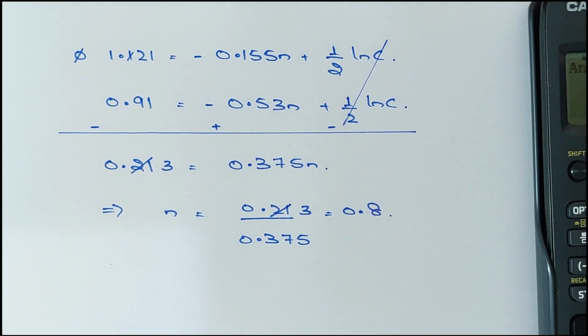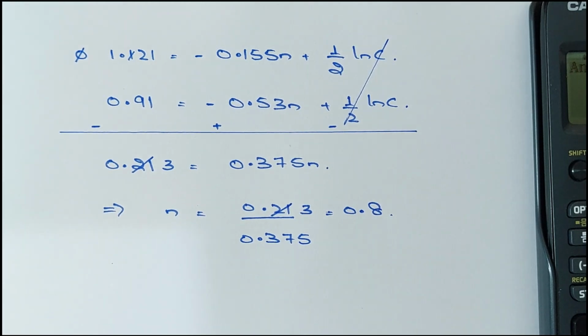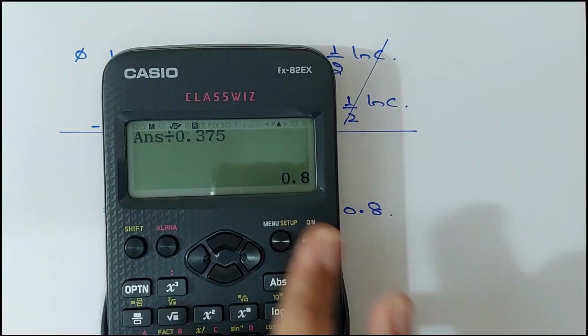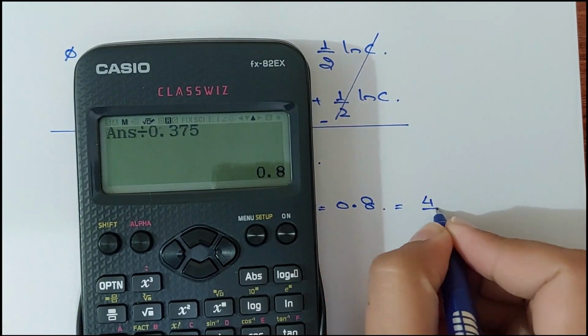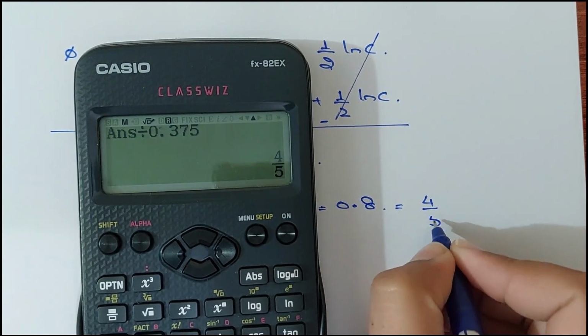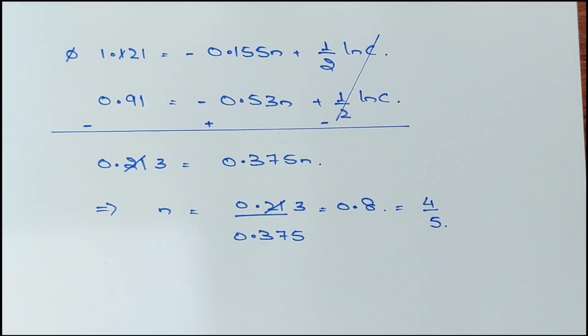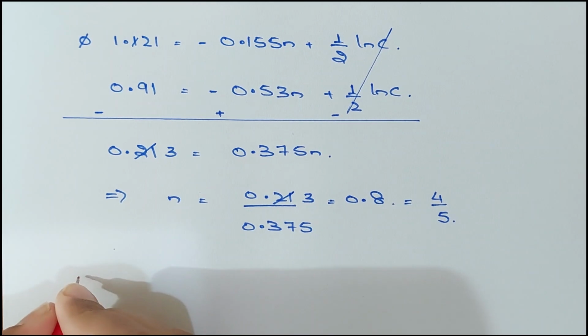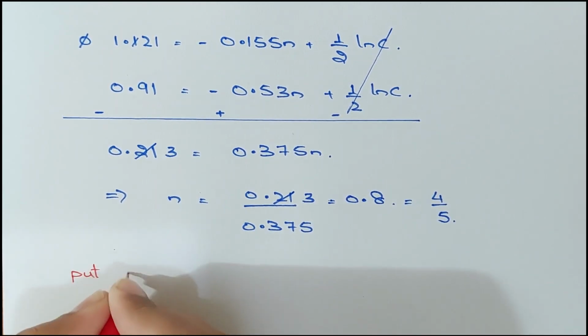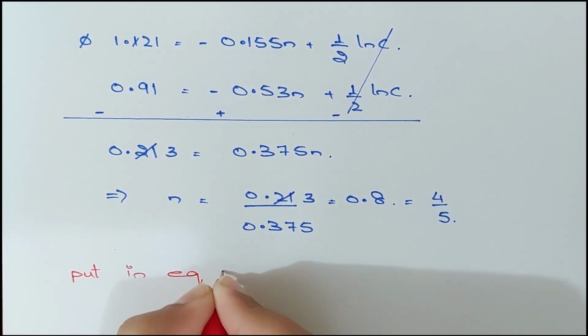Now let me substitute the n value into the first or second equation to get the c value up to 2 decimal places. They said the answer must be to 2 decimal places, so n is just 0.8, or we can say 4 by 5. Now let me plug this n value into equation 1.